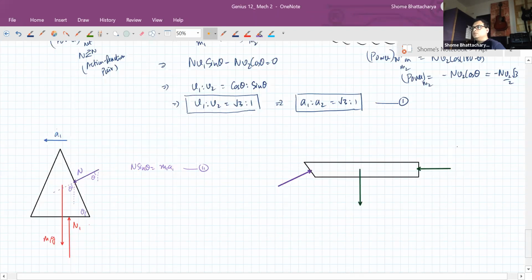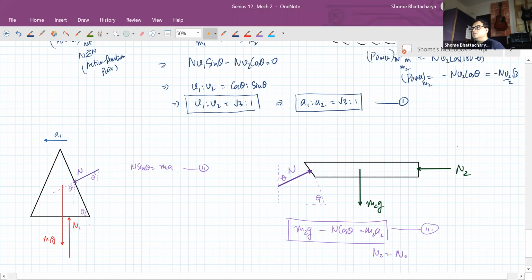M2G, some normal reaction N2, this normal reaction N. And so again we can see that this angle is theta, meaning that this angle is theta. So for this we have the equation now that M2G minus N cos theta is equal to M2 A. So that's our third equation. Yes, N2 will balance N sin theta, but that's not really necessary.